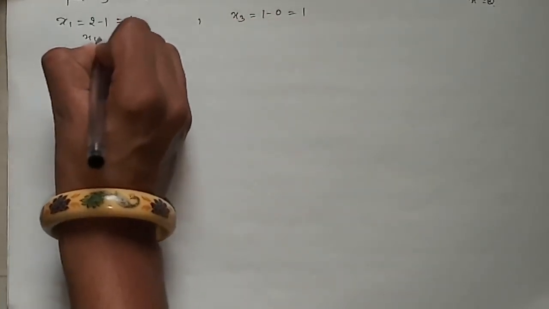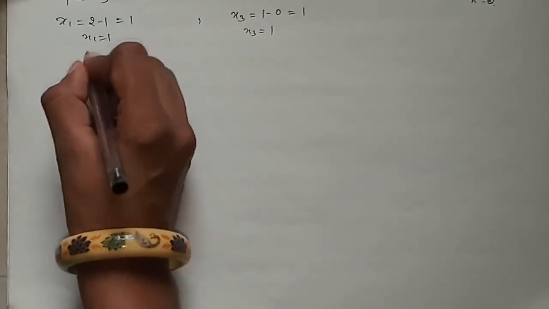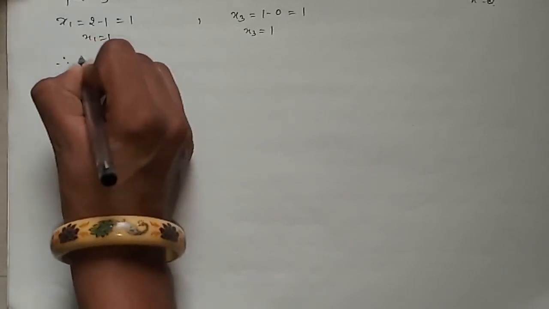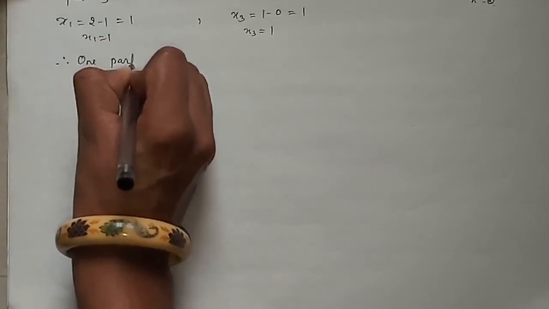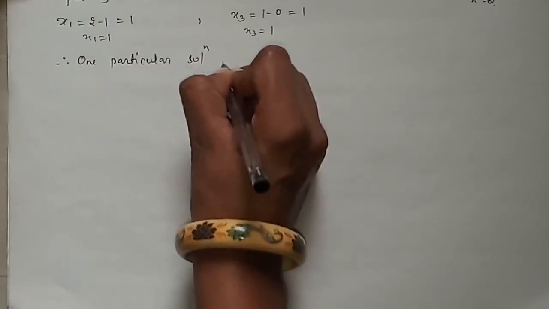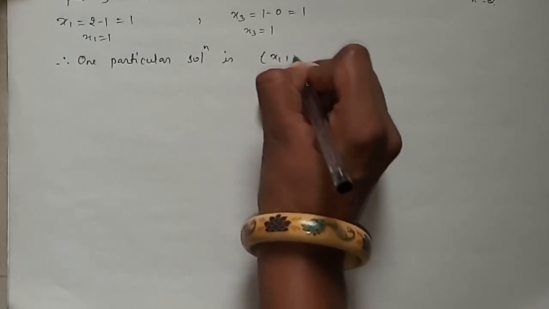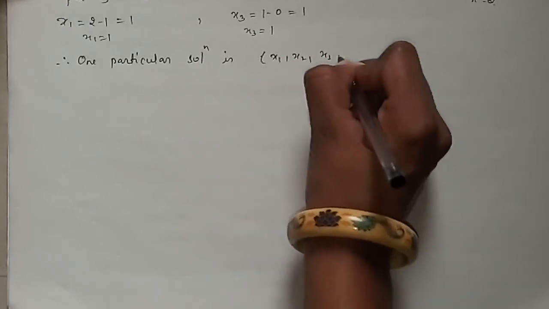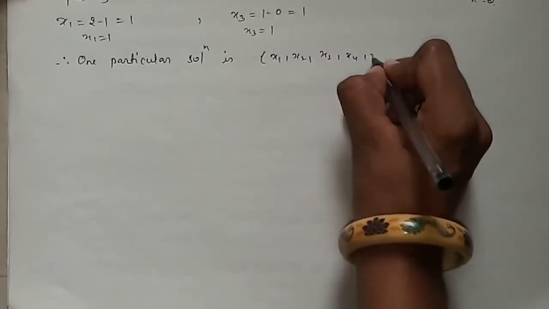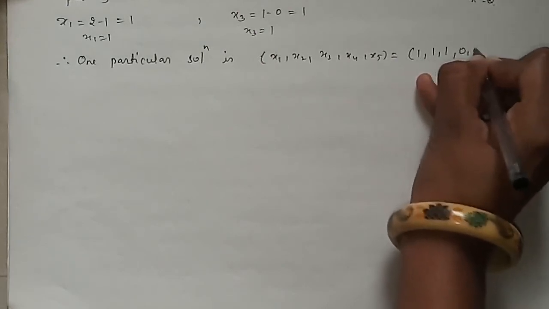So x1 is equal to 1 and x3 is equal to 1. Now one particular solution is (x1, x2, x3, x4, x5) equal to (1, 1, 1, 0, 0).